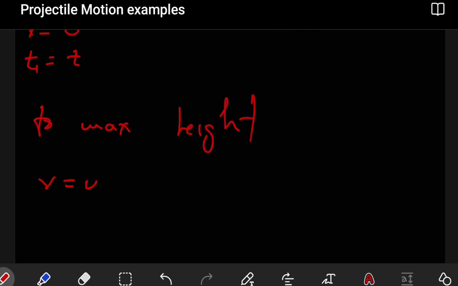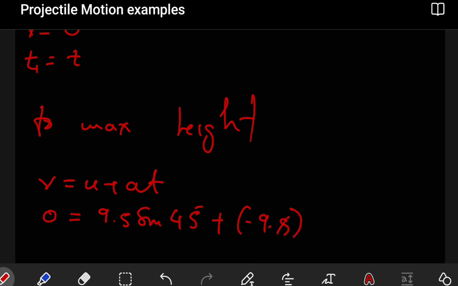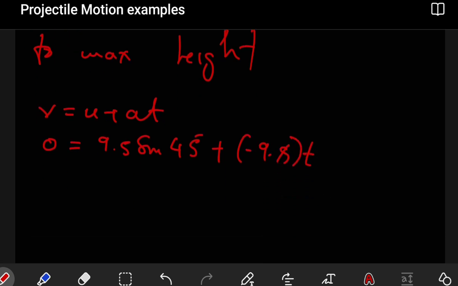Well, v equals u plus at. The final is 0. The initial is 9.5 sine 45, plus negative 9.8, and then t. I'm looking for what t is.